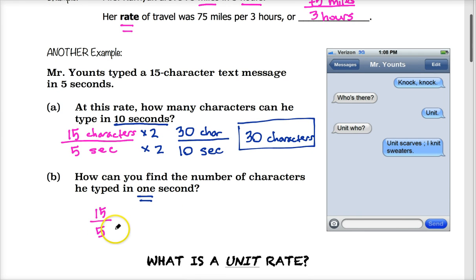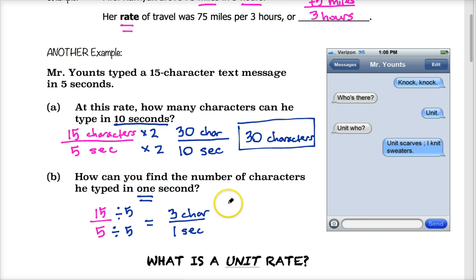To figure out how many characters I can type in 1 second, I can divide my denominator by itself, by 5, to make that 1 second. And then I could do the same thing to the numerator. Okay, divide that numerator by 5, and I would get 3 characters there.